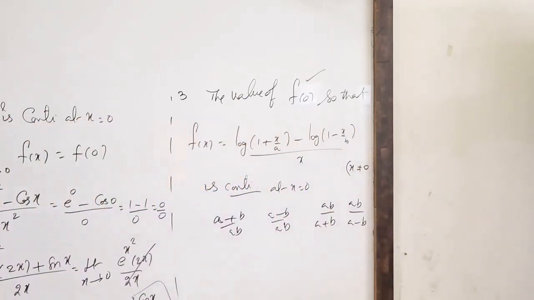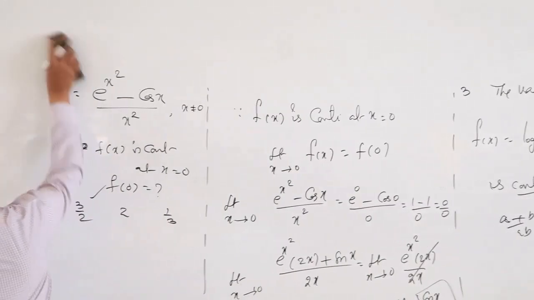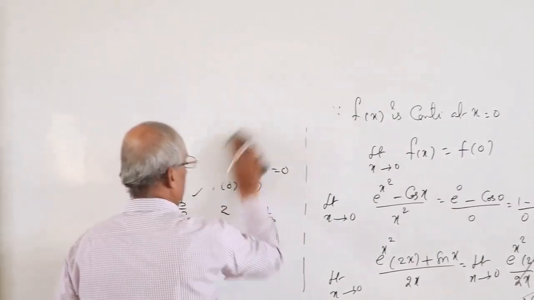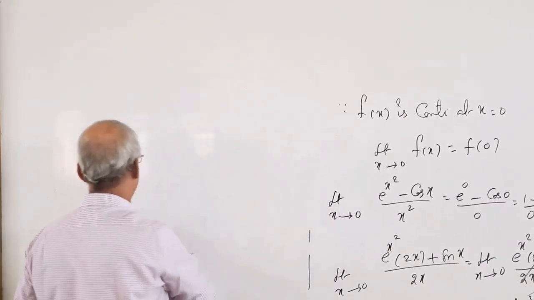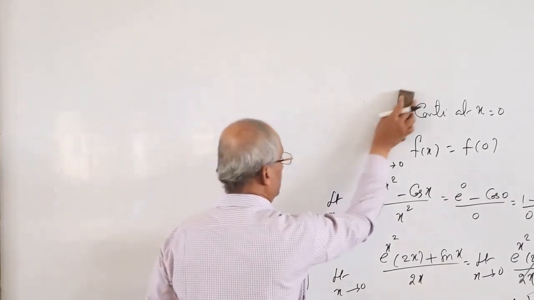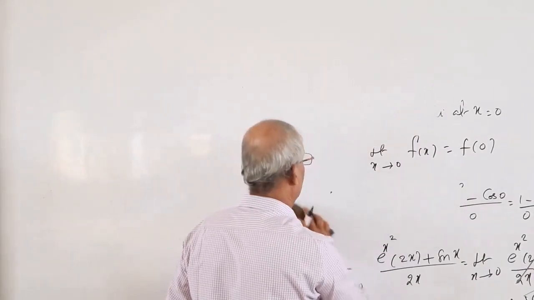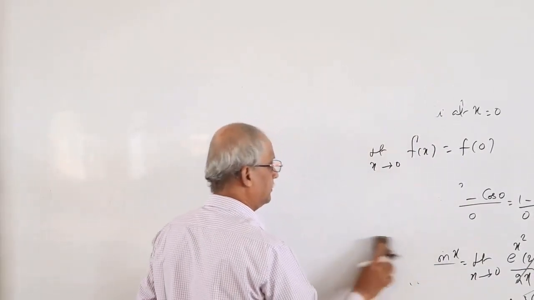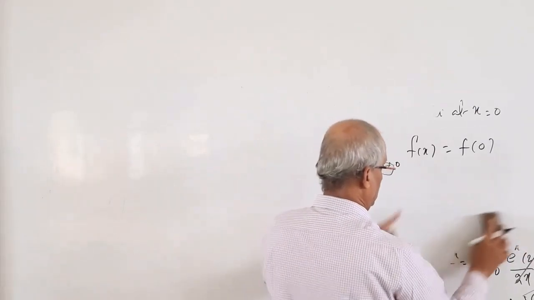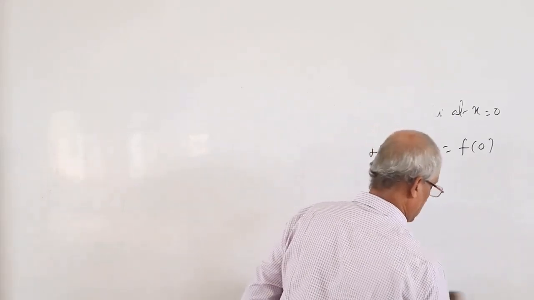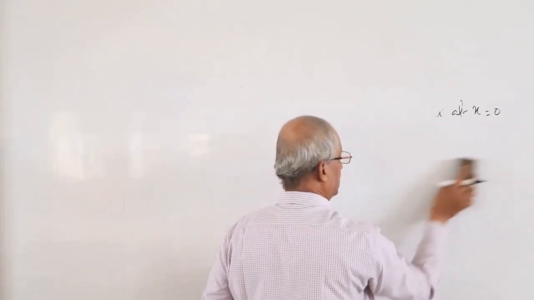Anyway, it is given that the function is continuous. Find the functional value at that point, means at 0 what is the value of f, so-called f of 0. Same definition, because it is given that it is continuous, therefore this is our definition. First directly verify whether it is possible or not. When you take x is 0, is it possible?